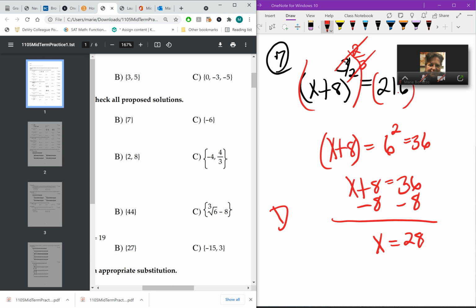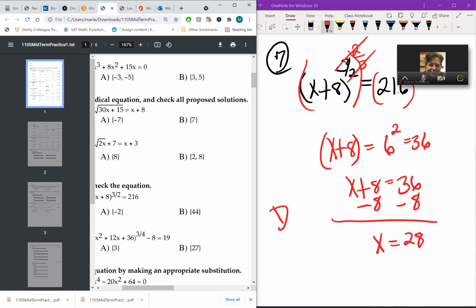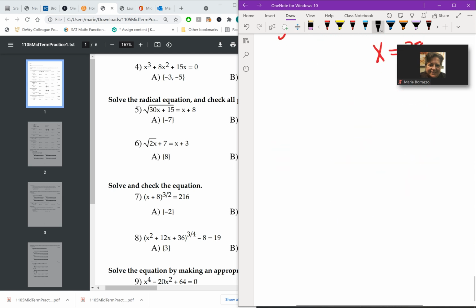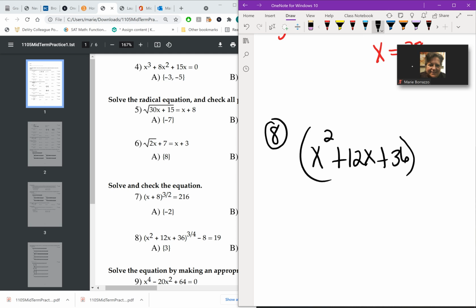All right, let's look at question number 8. So we have (x squared + 12x + 36), all of that raised to the 3/4 power, minus 8 is equal to 19.